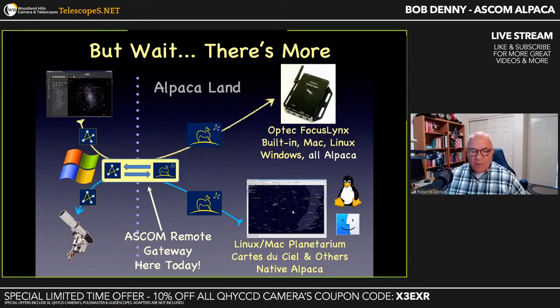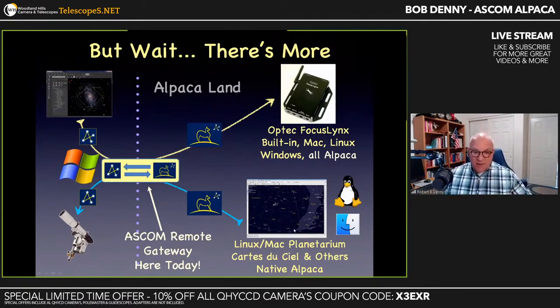But what about a planetarium, for example, on Linux that would like to use the Astrophysics APCC or Planewave PWI mount controllers, or all the other ones, EQMod, whatever, that run on Windows? That's obviously a less common situation, because most people who run Linux hate Windows and they wouldn't run anything on Windows, right?